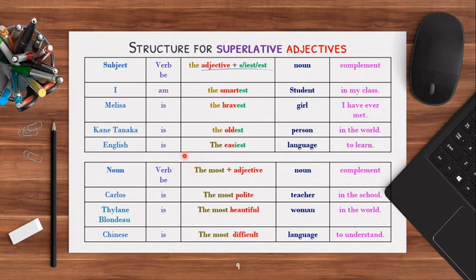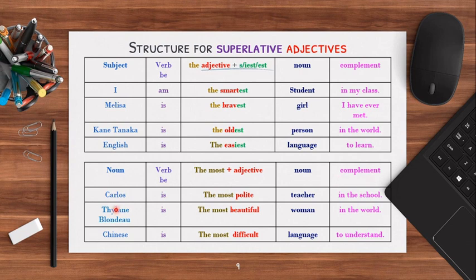Noun, verb be, the article the, and then most, plus the adjective, and then noun and complement.